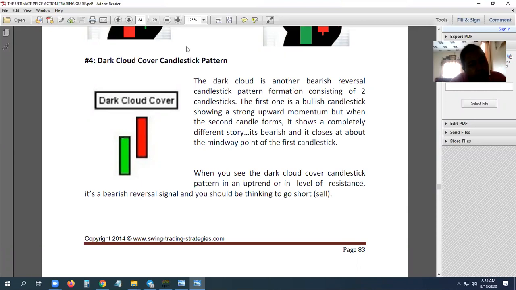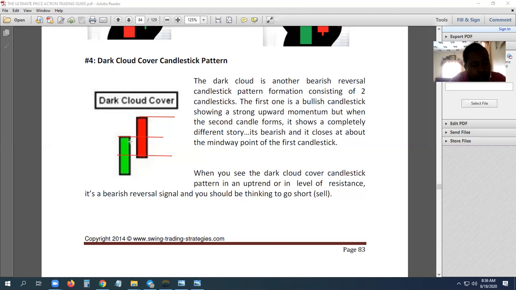Look at that carefully. The green candle closed here, but instead of the red candle opening here and moving down, it jumped up and opened from here. So there's a gap. It gaps up, opens above there, and closes below 50% of the previous green candle.